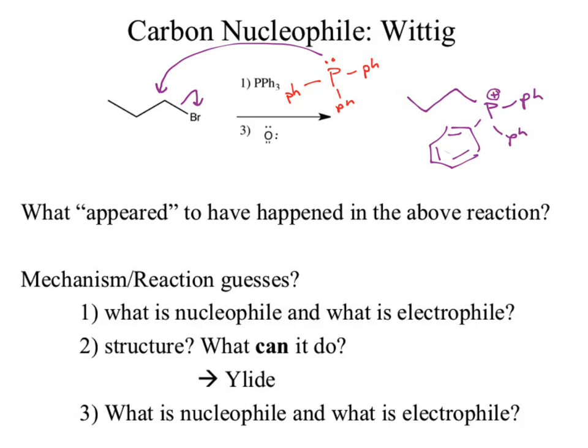What do we add in the next step? Butyllithium. Well, what does butyllithium look like? There's a lithium connected to CH2, CH2, CH2, CH3. What's the chemistry of that guy?